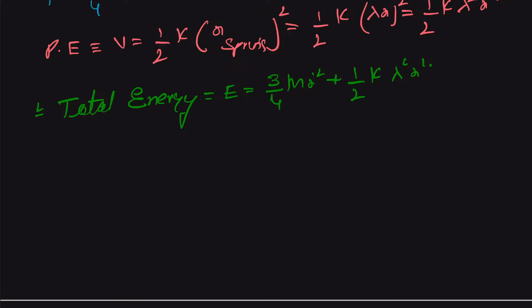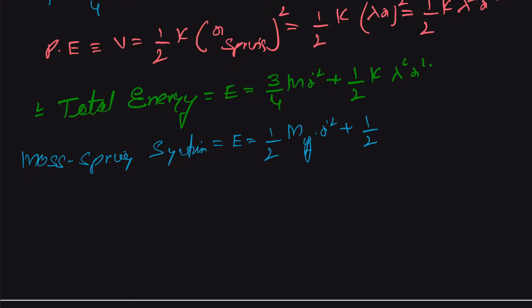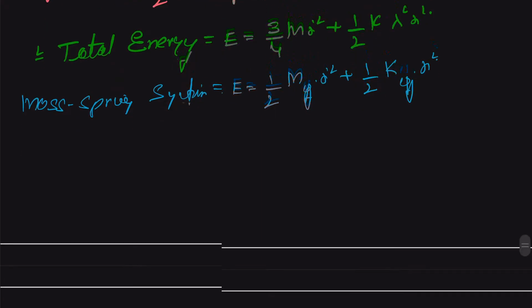So we can say that our energy E will be equal to 1 by 2 effective mass times velocity square plus 1 by 2 spring constant times x square.